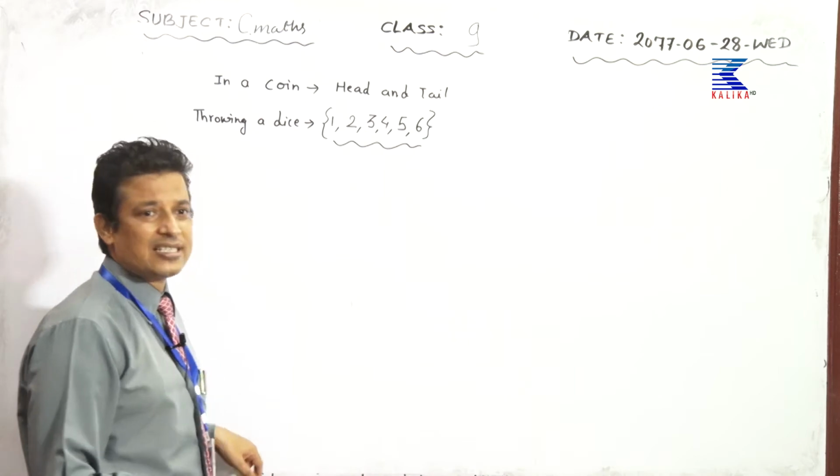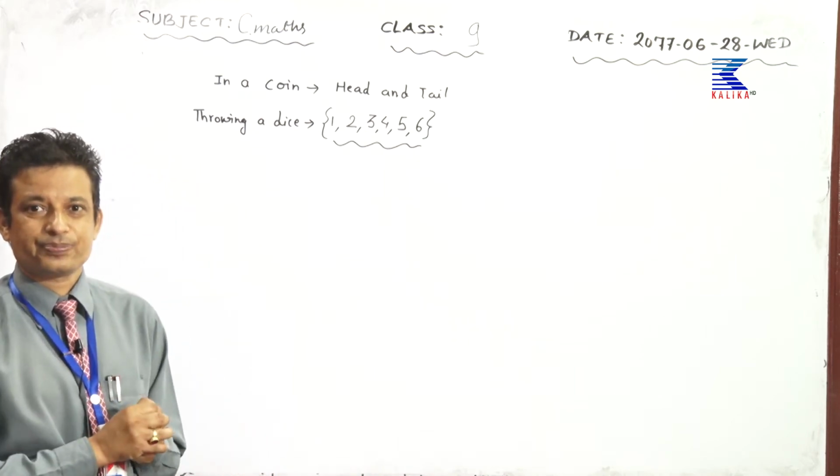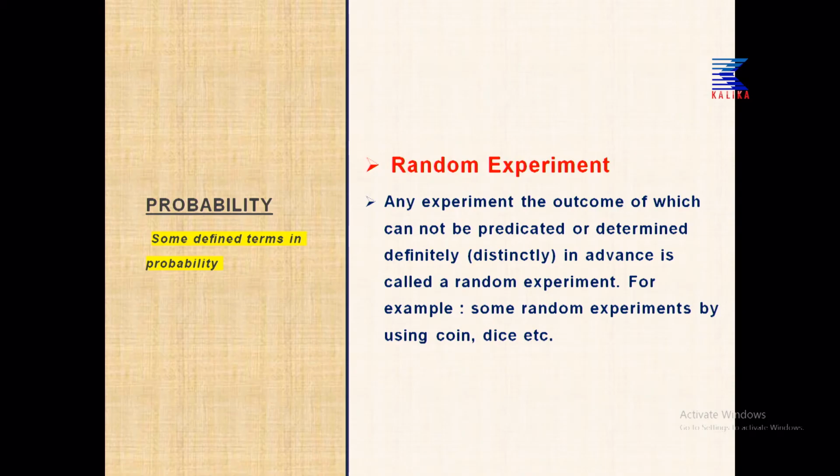Similarly, let us see the next slide. Now, random experiment. Any experiment the outcome of which cannot be predicted or determined definitely in advance is called a random experiment. For example, some random experiments by using a coin or dice.